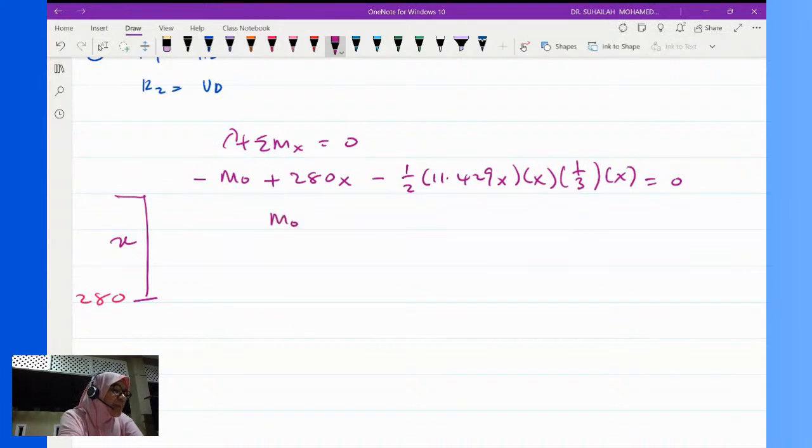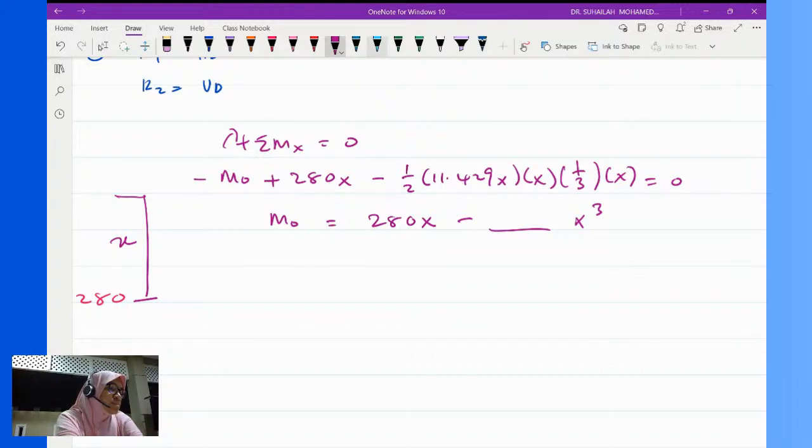Okay, so this M naught is equal to 280x. Okay, we minus x cubed. What is the value? 1 over 2, 11.429 divided by 3.